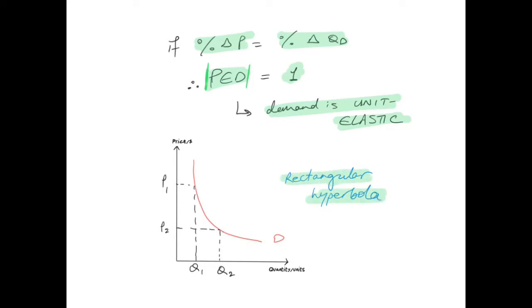Where, as you can see here, the percentage change in price, say for example, price fell by 50%, has led to the same percentage rise in quantity. Okay, so the percentage change in price will always equal the percentage change in quantity, and this leads to a demand curve that looks more like a curve. It's a rectangular hyperbola like this.